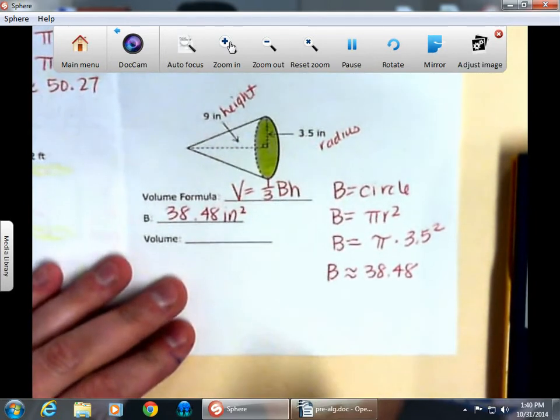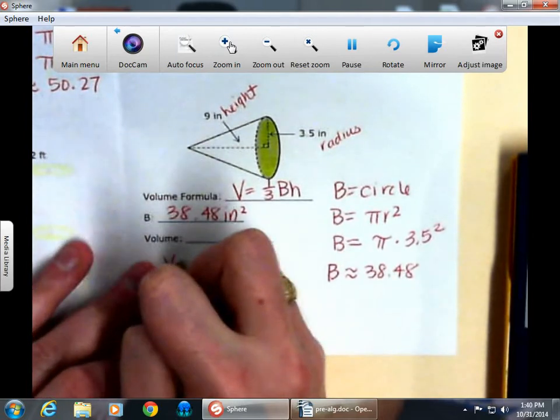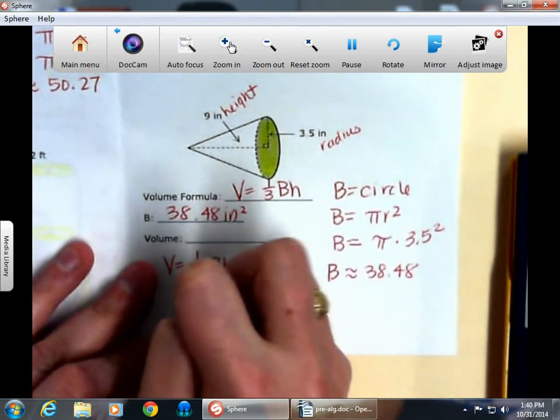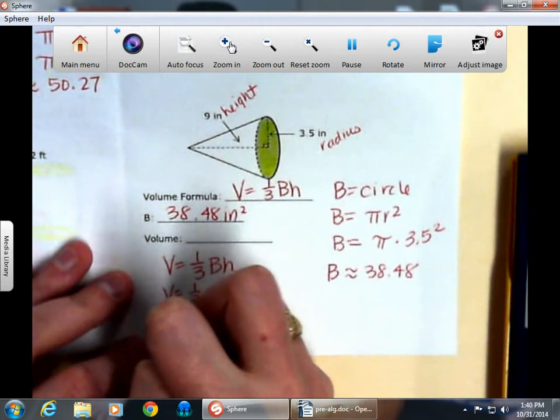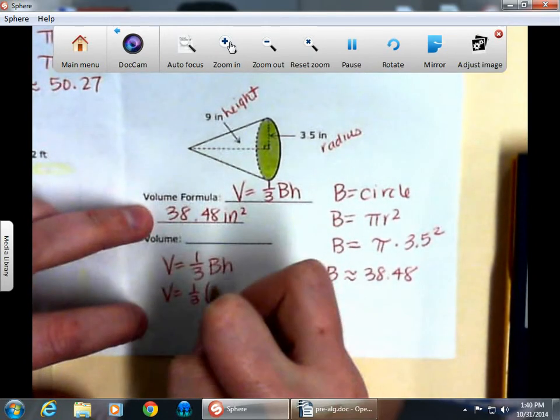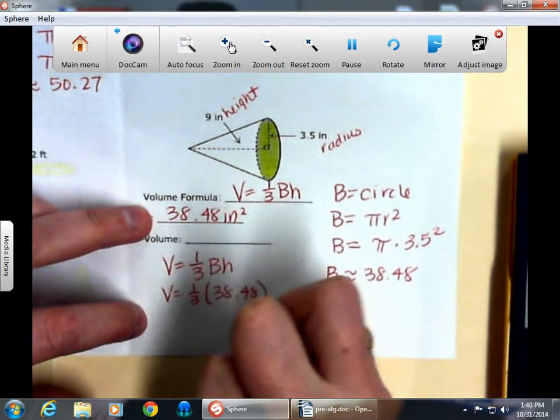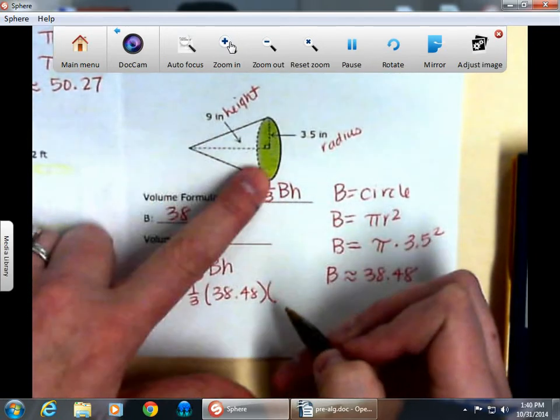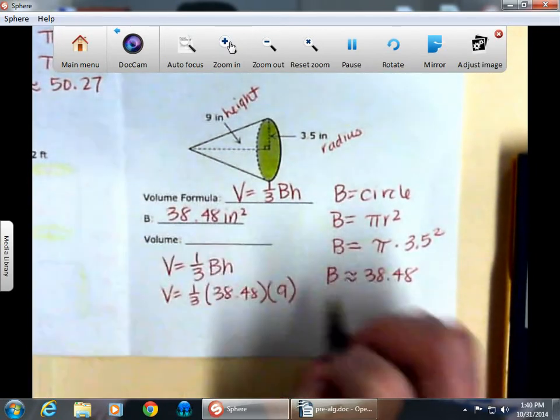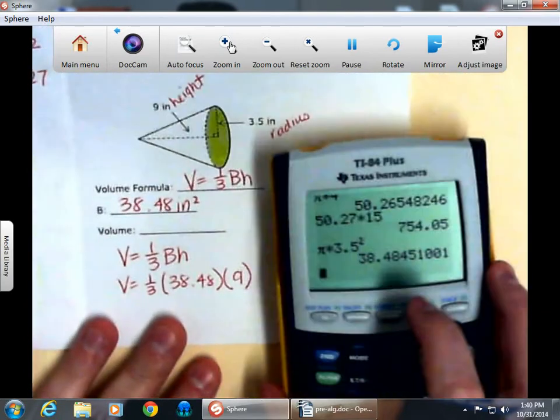Now if I want to find volume, I rewrite my formula every time. 1/3 times my big B is 38.48, and my height from point to base is 9. And I can put that whole thing in my calculator.